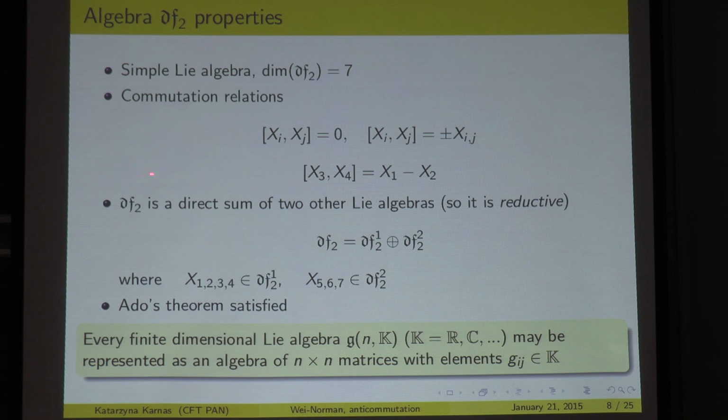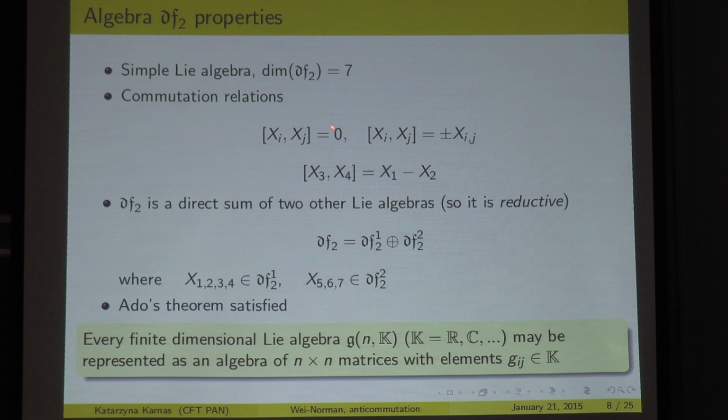Something is wrong. The first line is the same: the commutator is either 0 or xij, so something is wrong. What's the difference between the first commutator and the second? It's wrong. Something is funny.